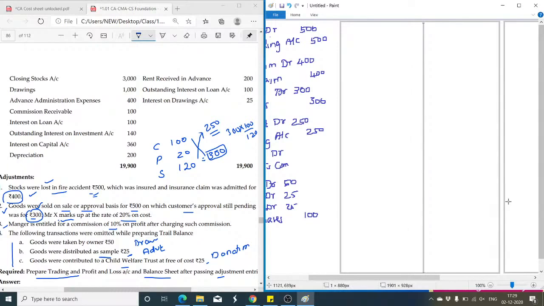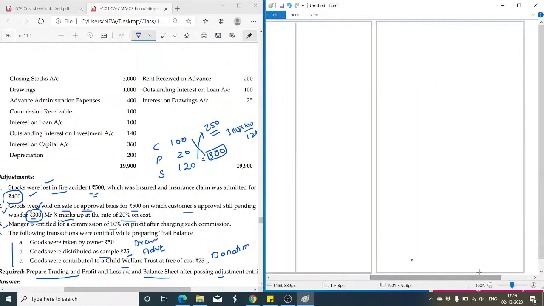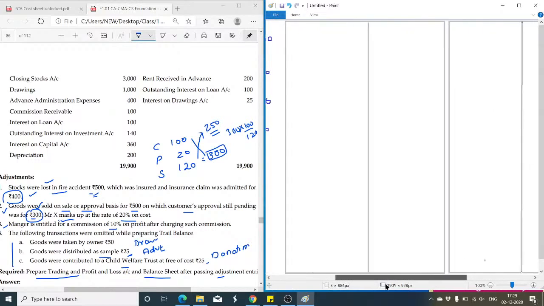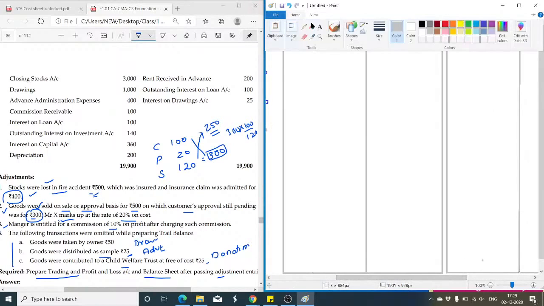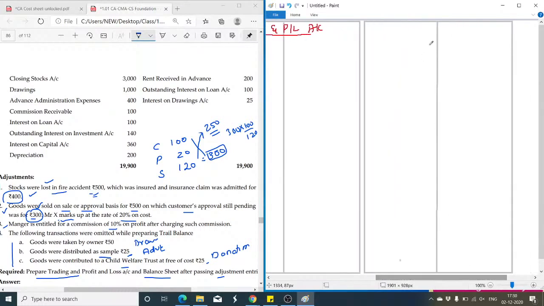Now, trading and P&L account. I hope you are able to see this clearly. And the balance sheet.